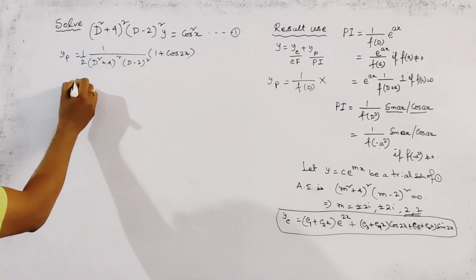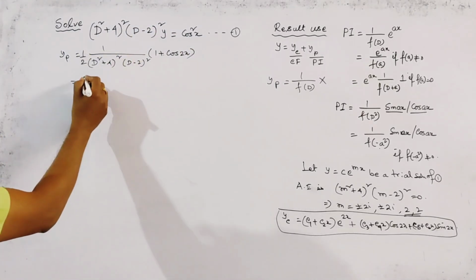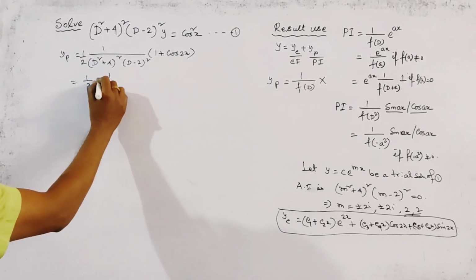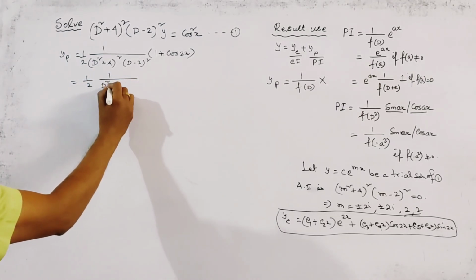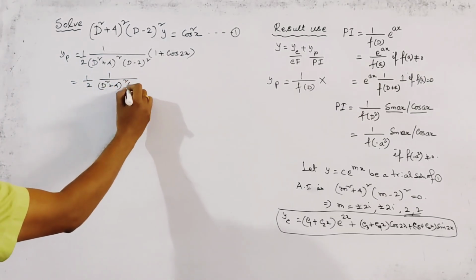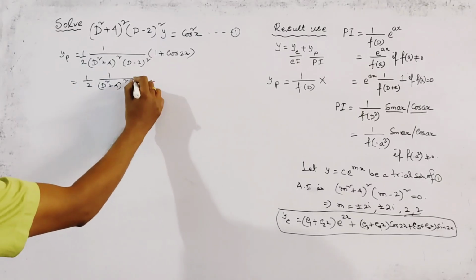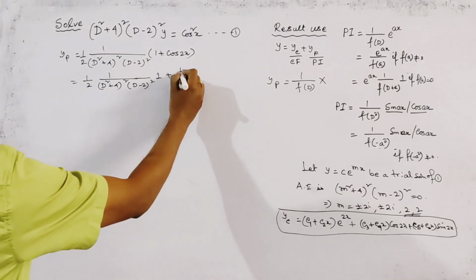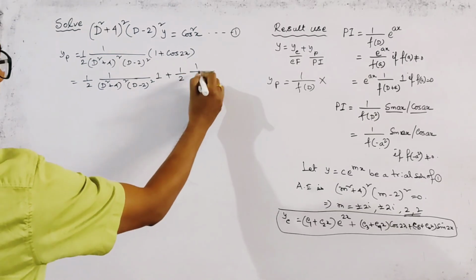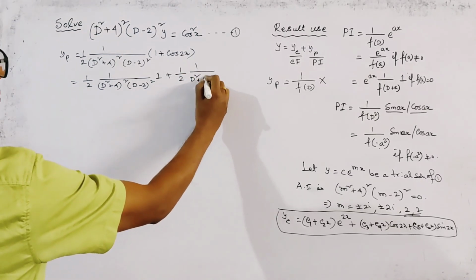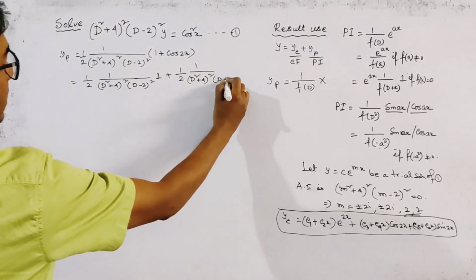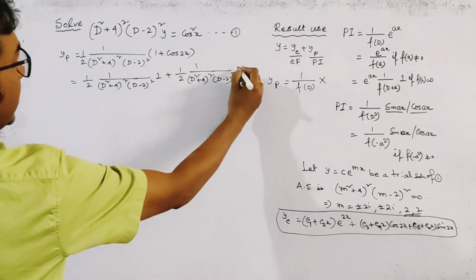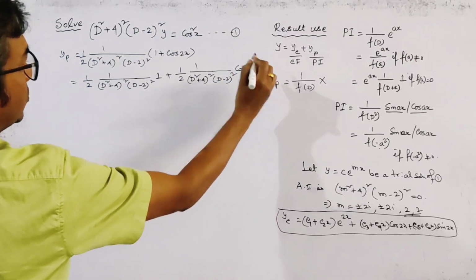So we divide it into two portions. The first portion is half into 1 by d square plus 4 whole square into d minus 2 whole square, acting on 1, and the second portion is half into 1 by d square plus 4 whole square into d minus 2 whole square into cos 2x.